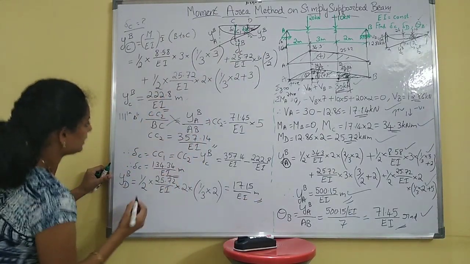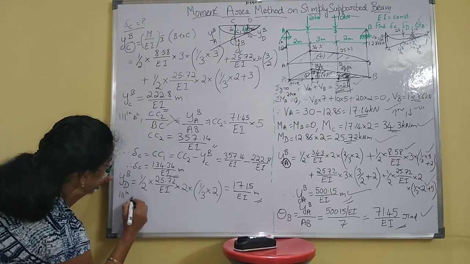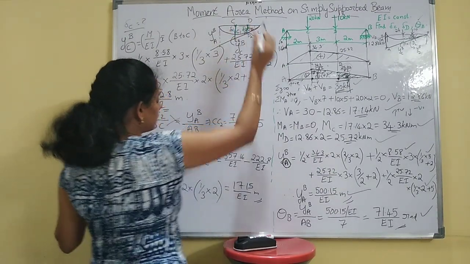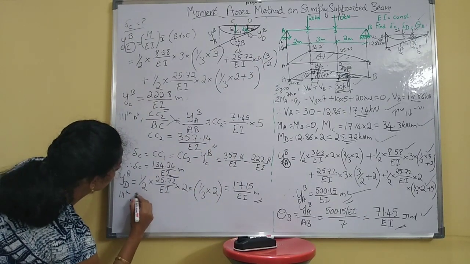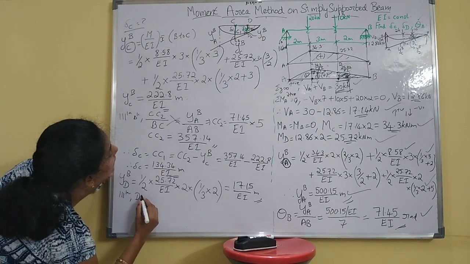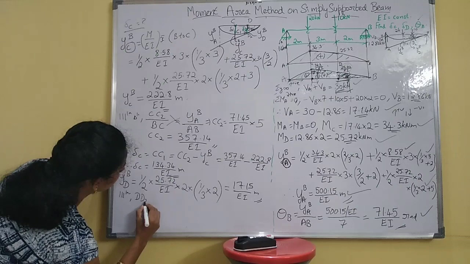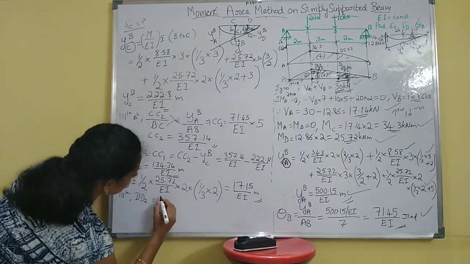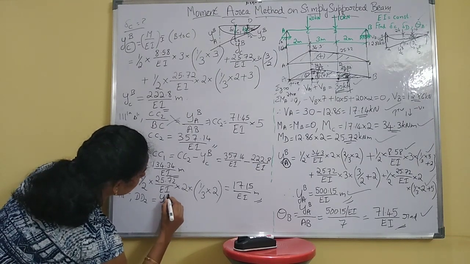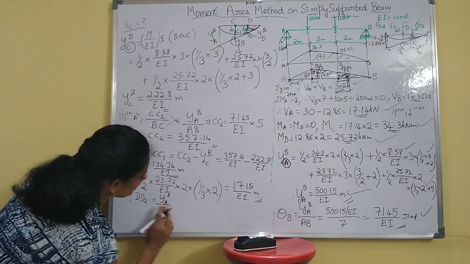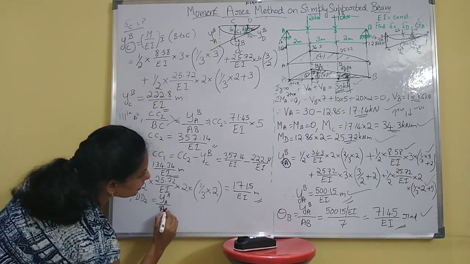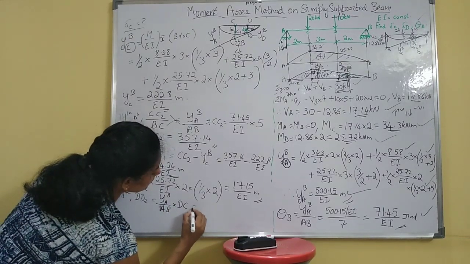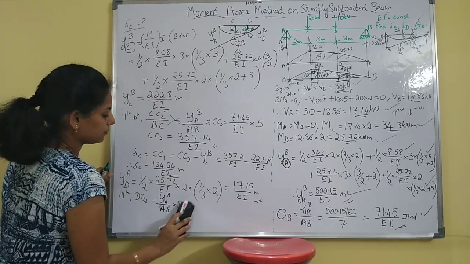Again similar triangle. Now similar triangle, this triangle and a bigger one. We have D2, which is equal to, you can take directly, that is Y A B by AB into DB.